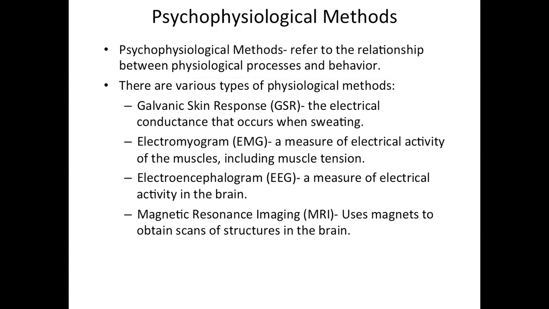An electromyogram measures muscle tension. Now, muscle tension happens when we're anxious as well, but it also can happen when a person's not telling the truth. So if you have ever seen a lie detector test, believe it or not, the lie detector test combines the galvanic skin response measure and the electromyogram measure.